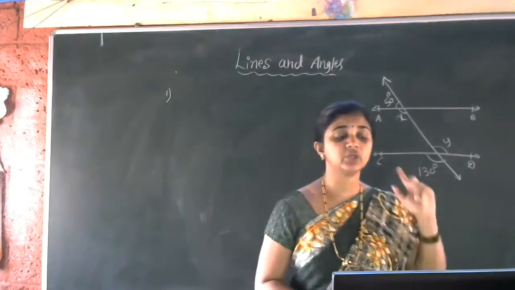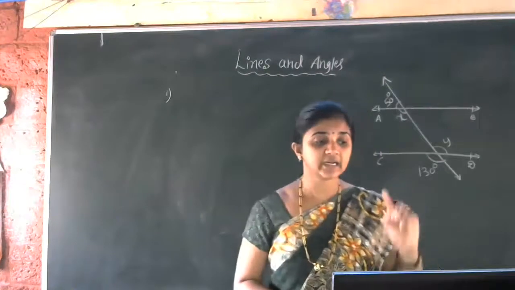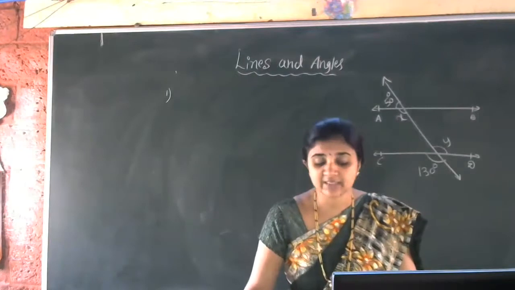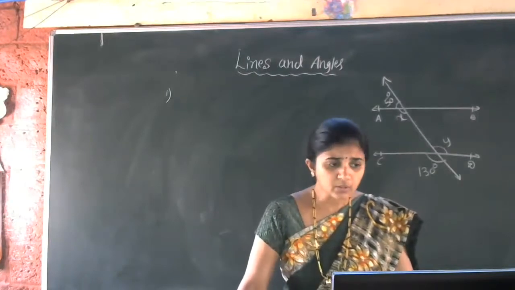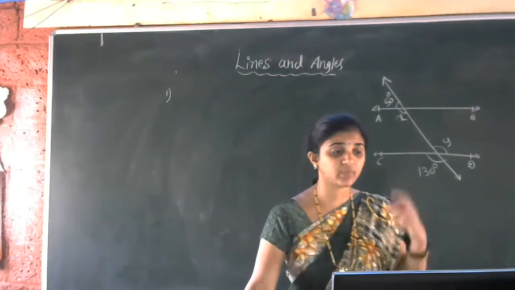Everyone, just sit with your textbook and notebook. I'll read the question. Listen carefully. The first question is like this. In the figure, find the values of x and y. Understand the question first.